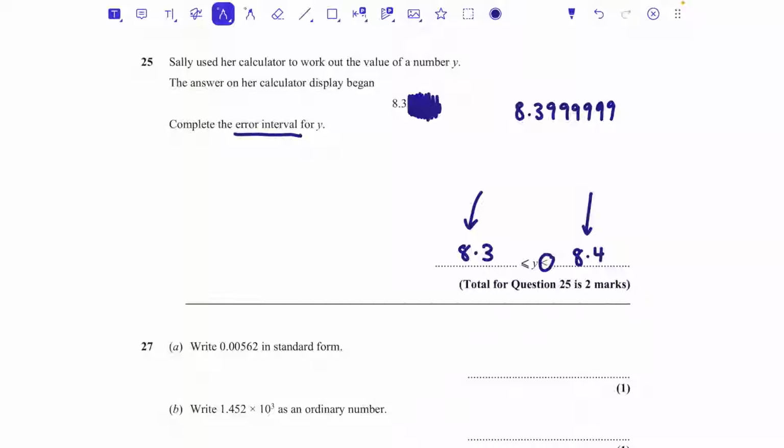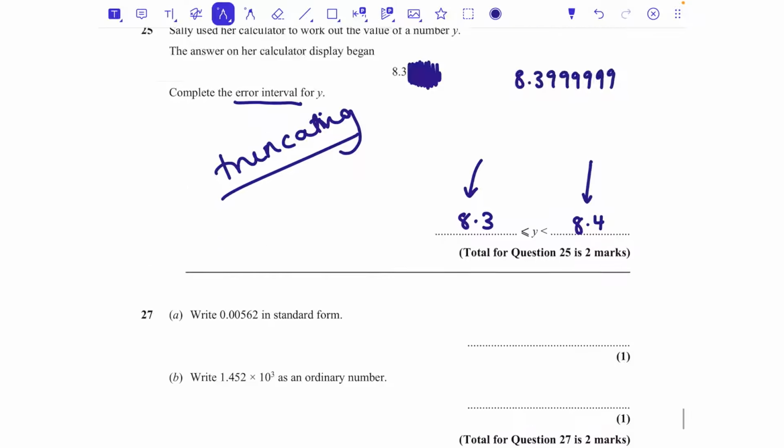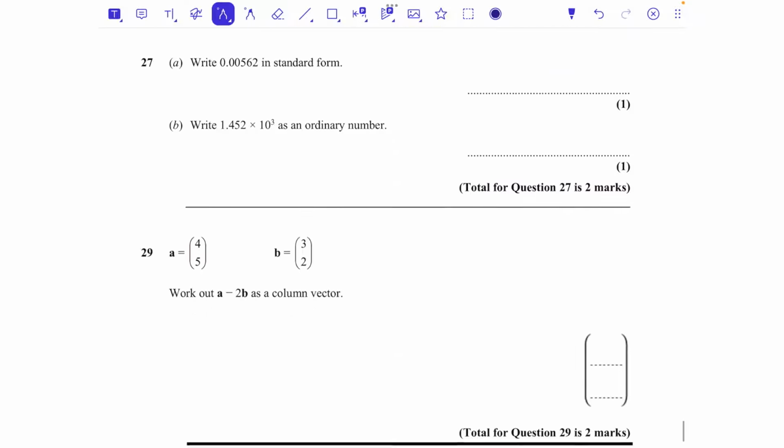It can't actually be 8.4, otherwise we would have seen a 4 here, but it can go so infinitely close to it that we just say it's 8.4, but we say that it's not equal to that. It's just everything up to that. So 8.3 and 8.4, and that's called truncating. It comes up occasionally. Normally when we see that topic, it's rounding, but truncating is 8.3 and then one above, normally 8.4.